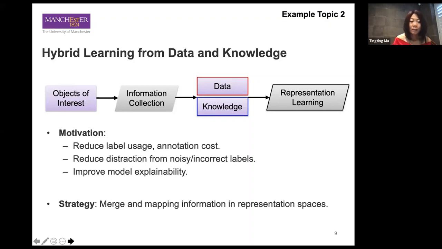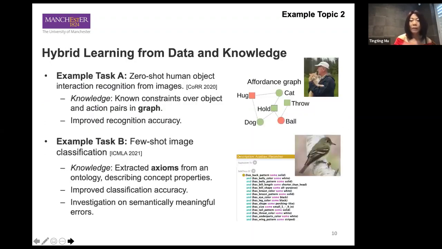Another important motivation is that we would like to improve our model's explainability. By establishing a mapping between your data and the knowledge, some selected knowledge will serve as the evidence for your data-driven black box model. To do this, our main strategy is to learn a representation space and merge and map information there.